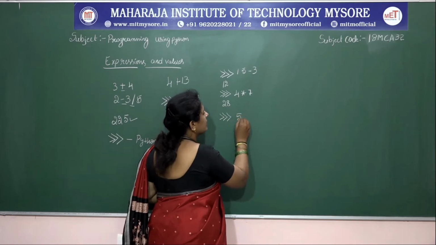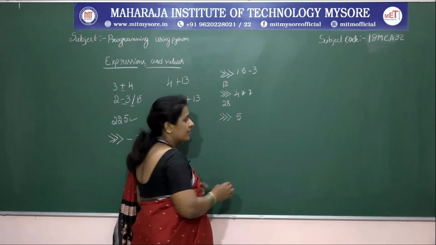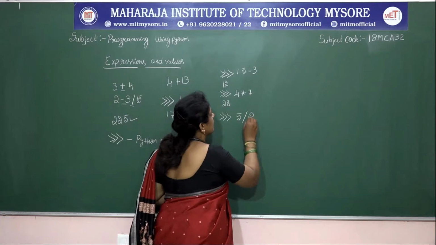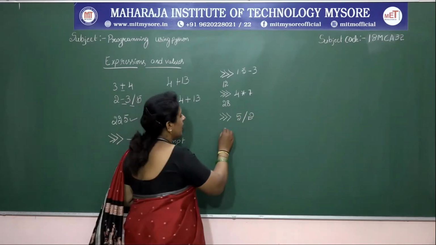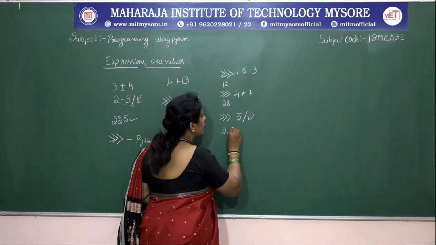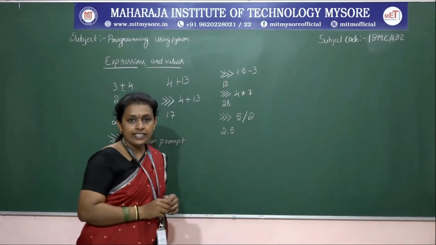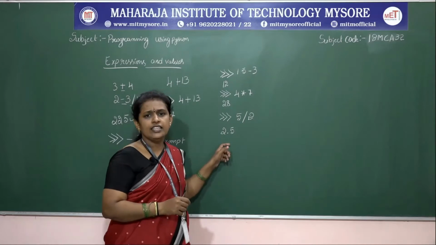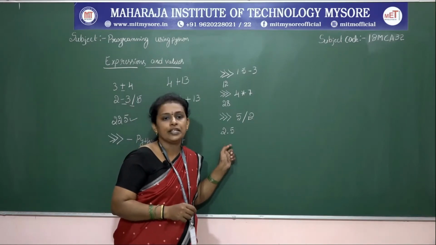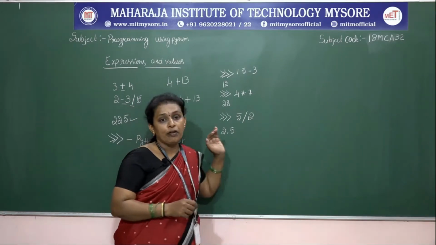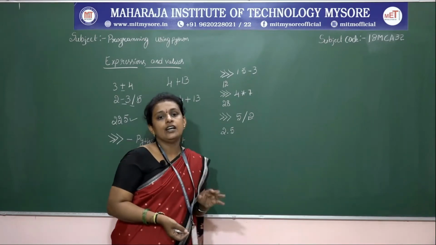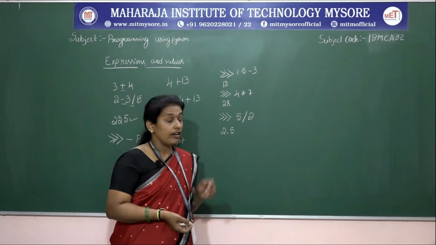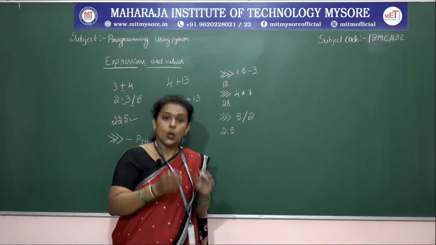What is the division operator? Yes, slash. 5 divided by 2, we get the answer 2.5. With respect to this, it has a decimal point. When you perform a division operation, you will always get a decimal point answer, even if it is a whole number.